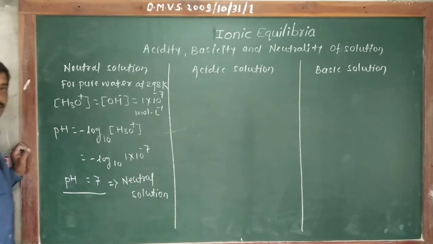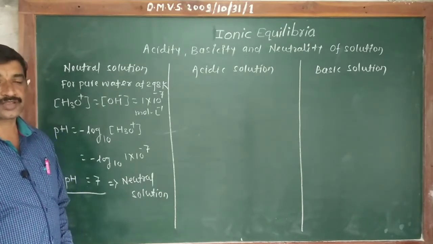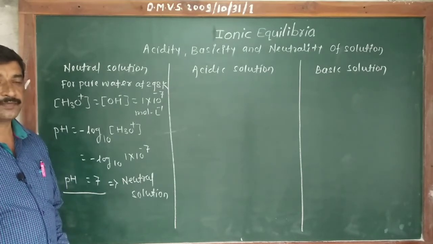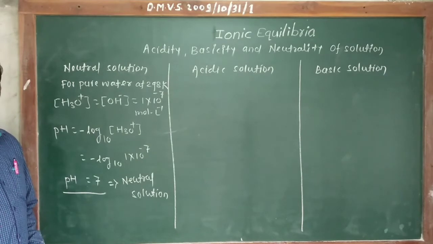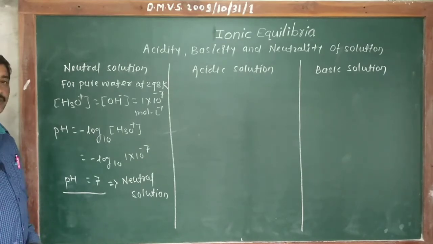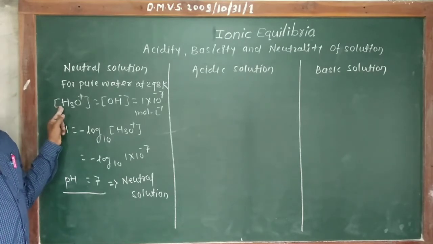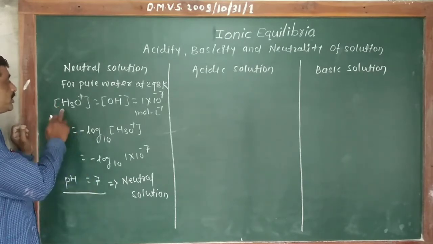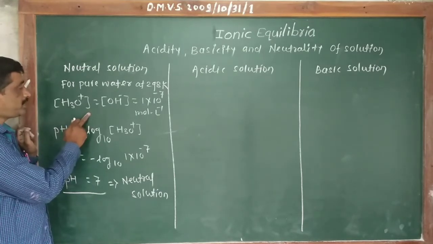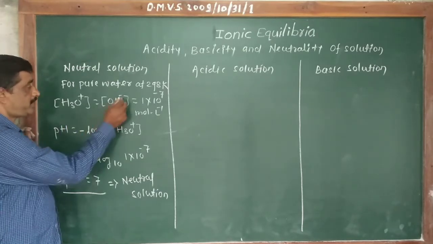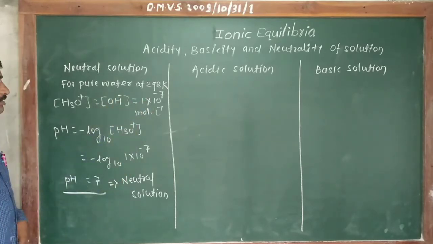Which solution is known as a neutral solution? A solution in which the concentration of H3O+ ion and OH- ion is the same is called a neutral solution. So pure water is the example of a neutral substance. In pure water, we always observe that the concentration of H3O+ ion and the concentration of OH- ions is equal to 1 into 10 raised to minus 7 moles per liter.